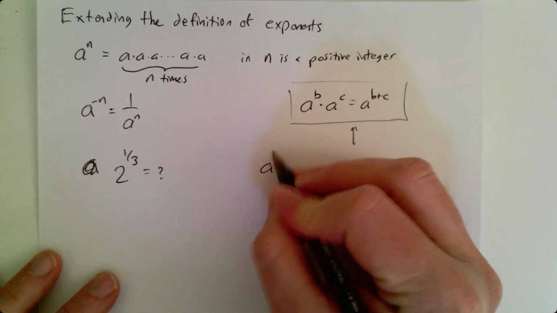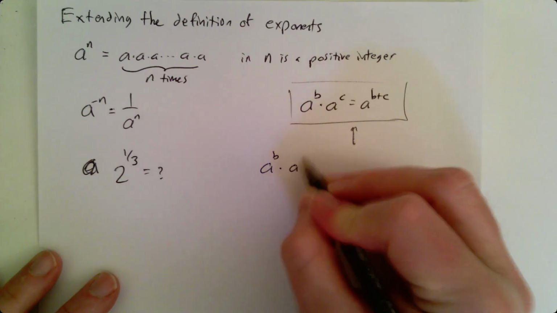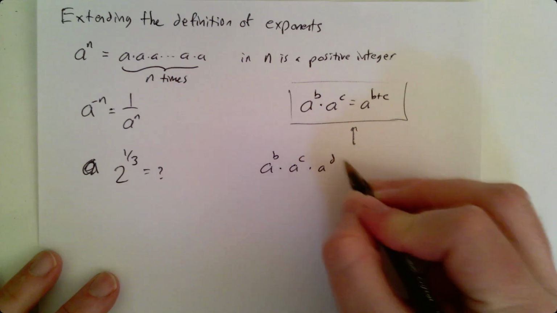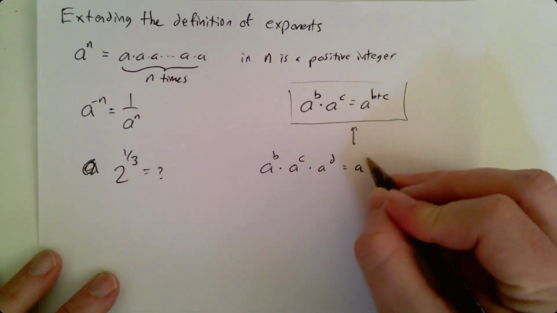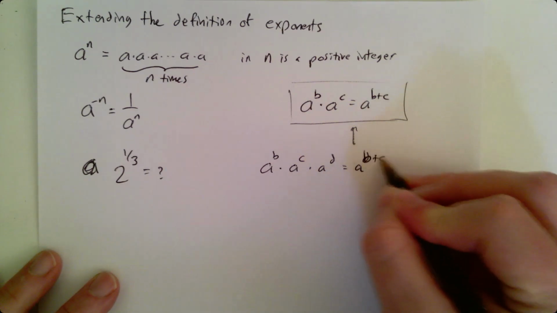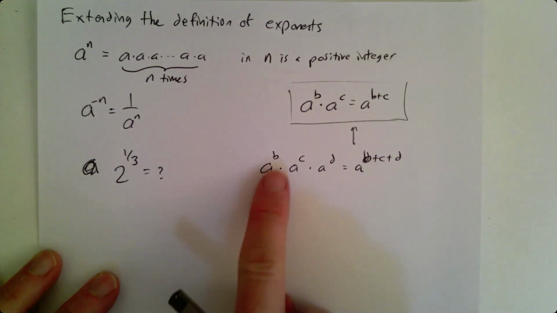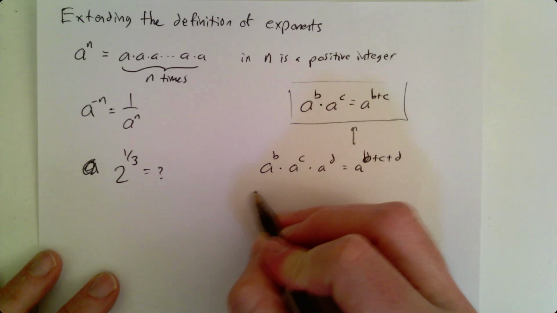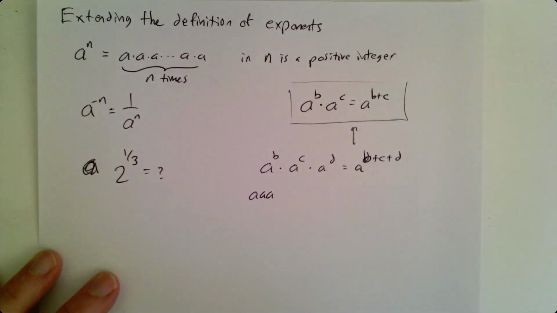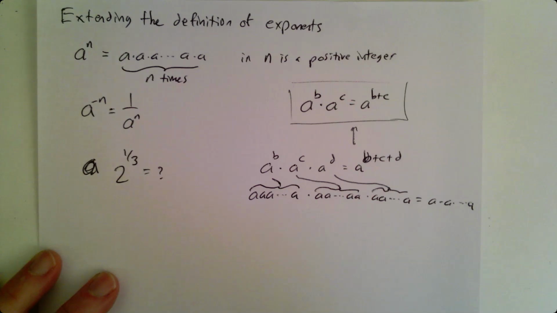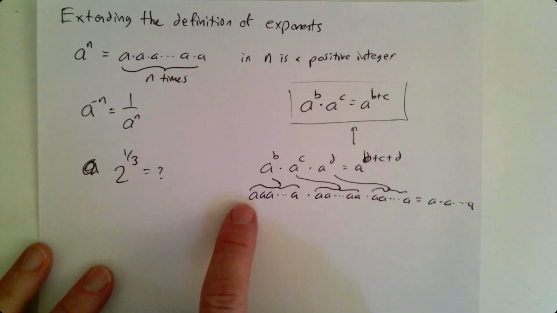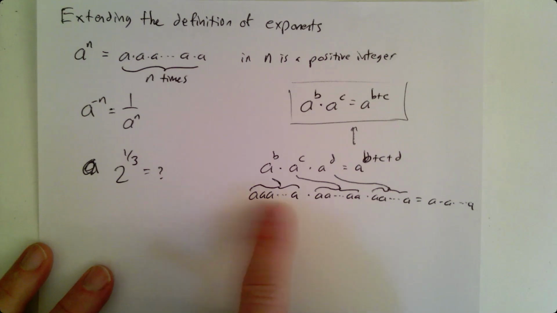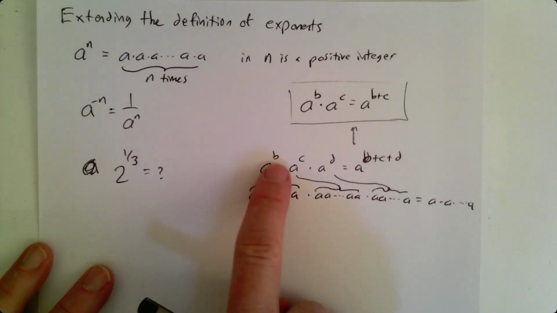Instead of just saying a to the b times a to the c, we could multiply it again by a to the d. And that should be a to the b plus c plus d, again assuming all of these exponents are positive integers. The reason that makes sense is the following. This ridiculous string of multiplied a's is supposed to depict b of these a's, because this is just saying a times itself b times.